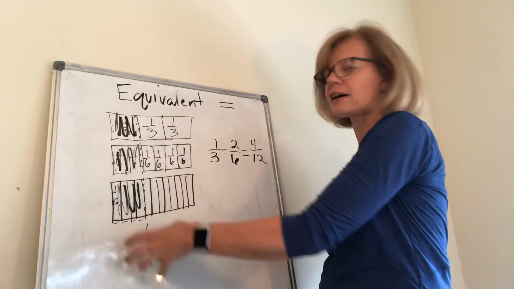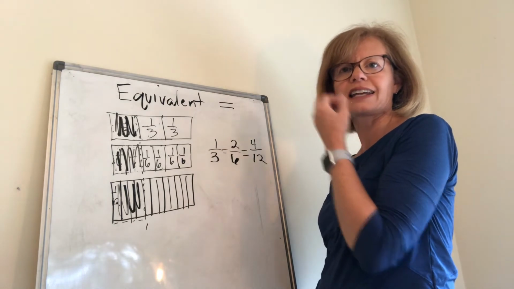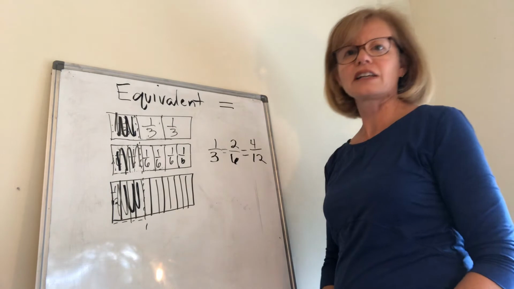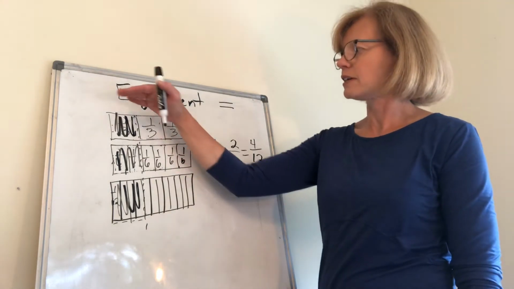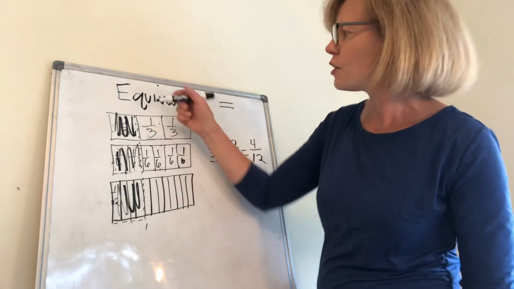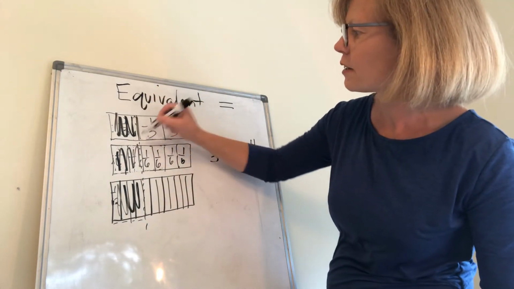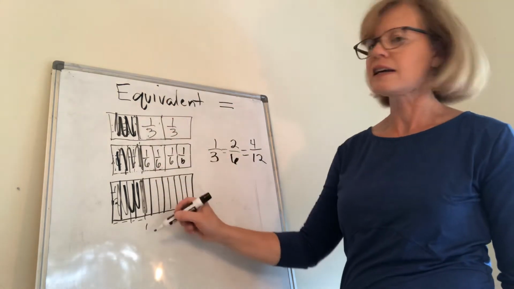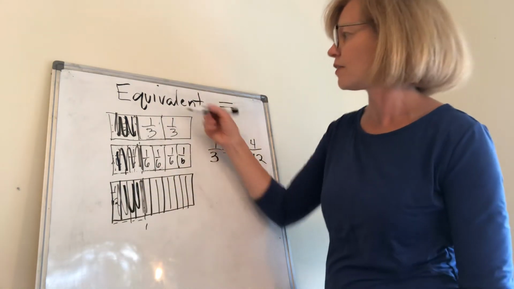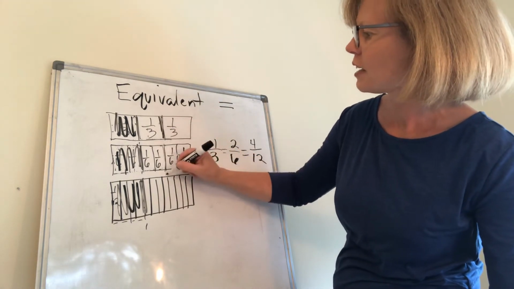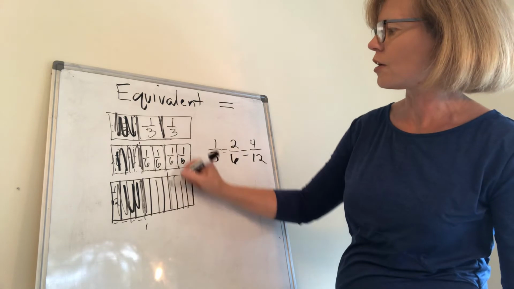So making a model really helps. I can identify some equivalent fractions by making a model, making sure my models are the same size. And also notice that my 1/3 mark here, I'm using that same mark to help me divide these evenly. You can just take this mark all the way down.